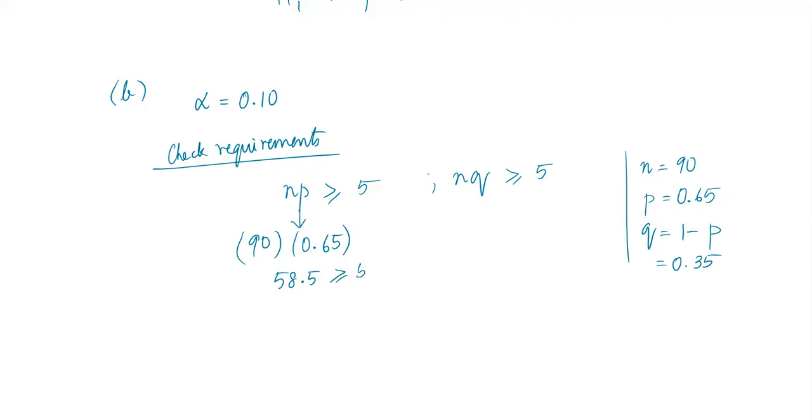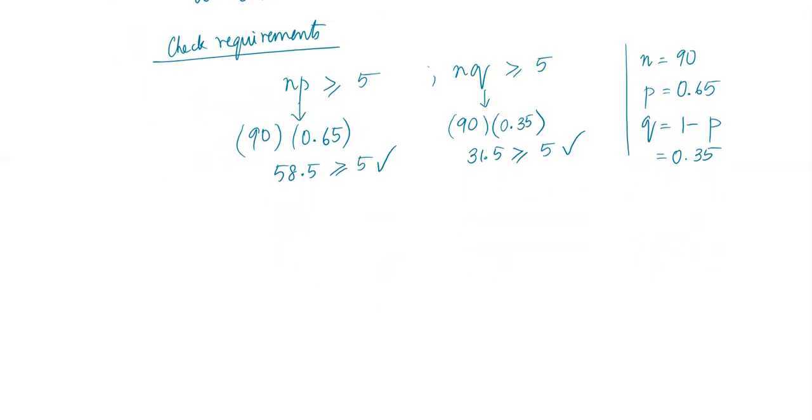This is greater than or equal to 5, so we're good there. Then do 90 times, for the Q, it's 0.35. And 90 times 0.35 comes out to be 31.5, which is also greater than 5. And so the requirements are satisfied, which means you could use the test statistic.